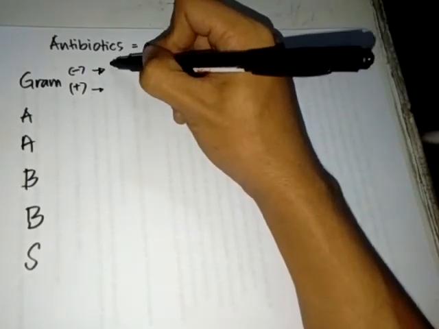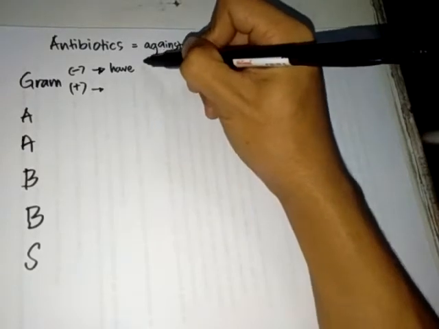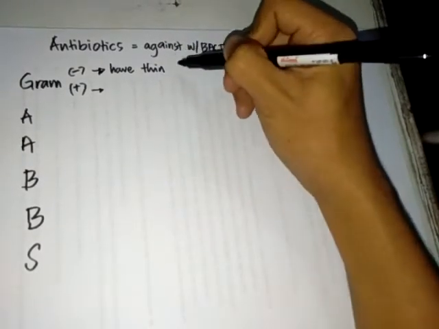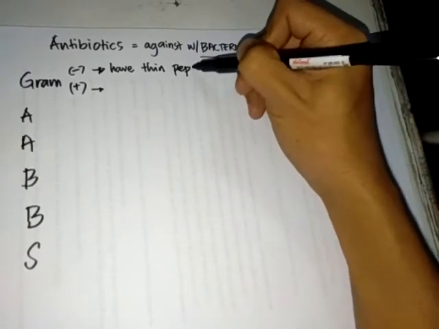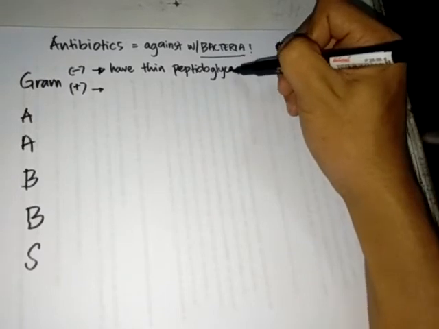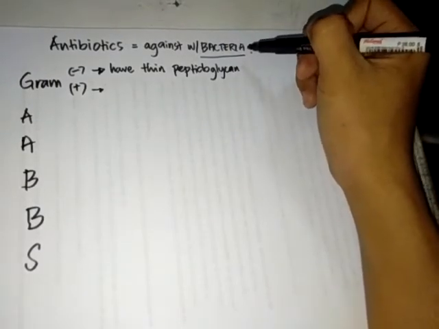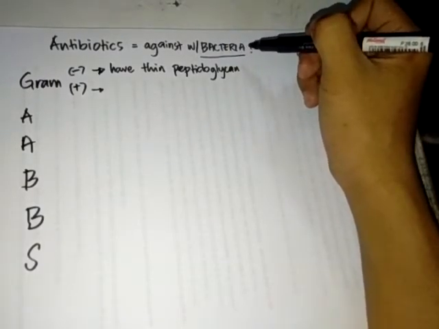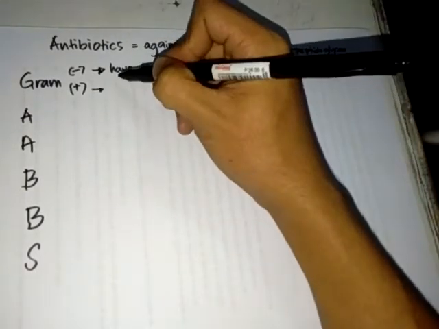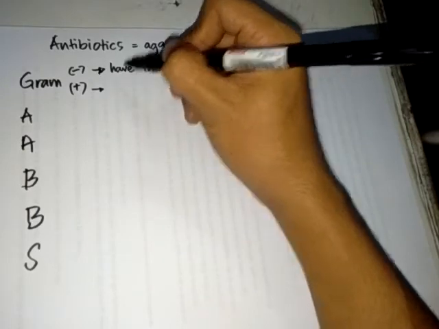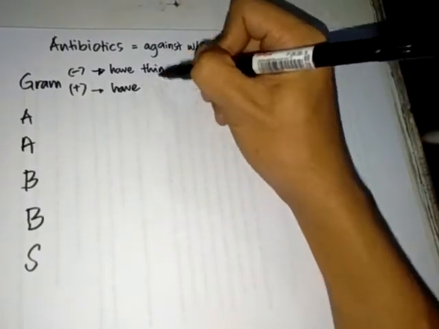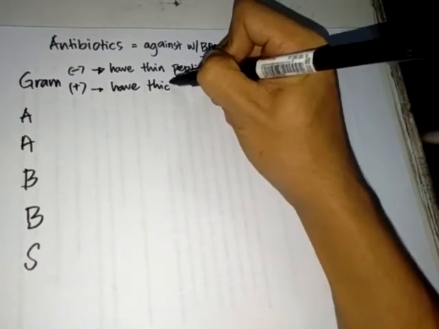So they have a thin, manipis peptidoglycan. Actually, the peptidoglycan is a molecule that consists of amino acids and sugar. Your gram positive, actually kung manipis ang sa mga gram negative, ito naman ay makakapal. They have a thick peptidoglycan.